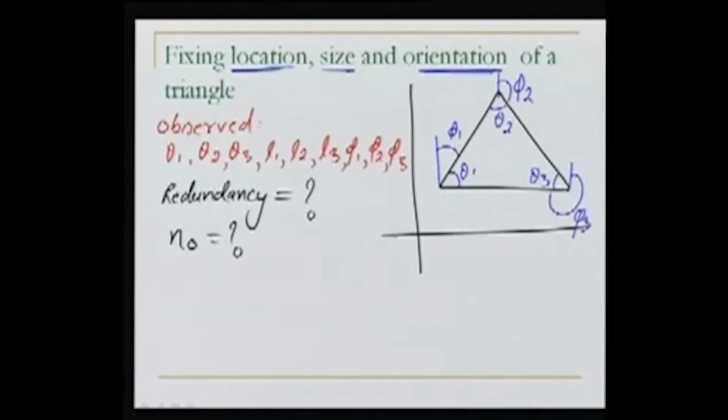As well as one has also observed the lengths L1, L2, and L3. But do we really need all these in order to fix the location, size, and the orientation of the triangle? What is the minimum required? So in this case, these are the observations.